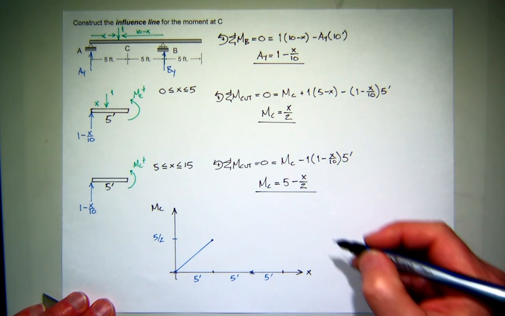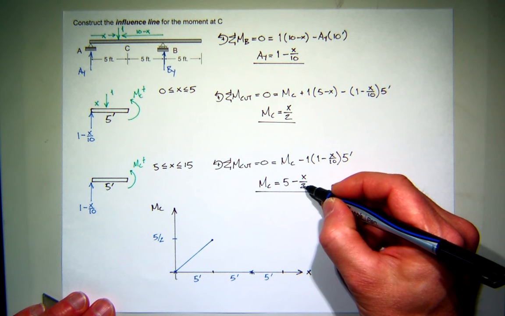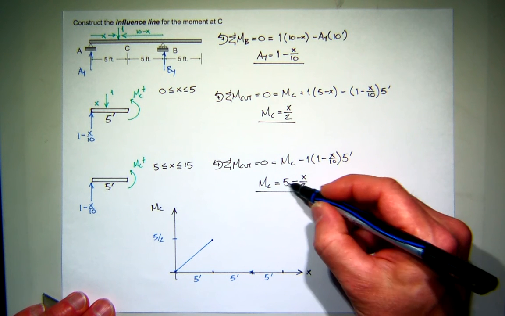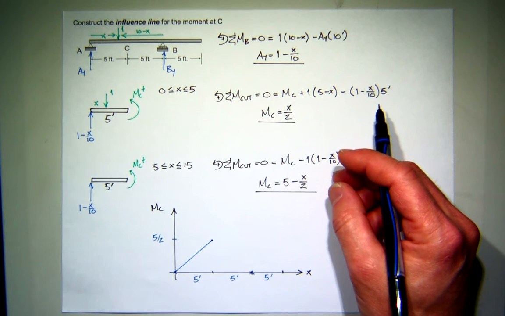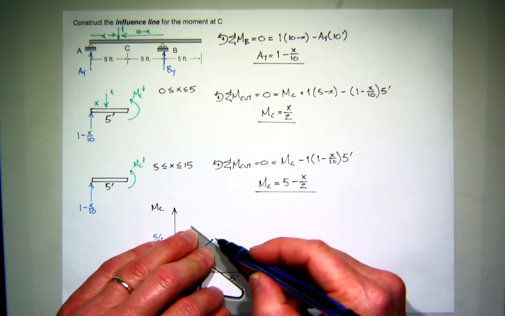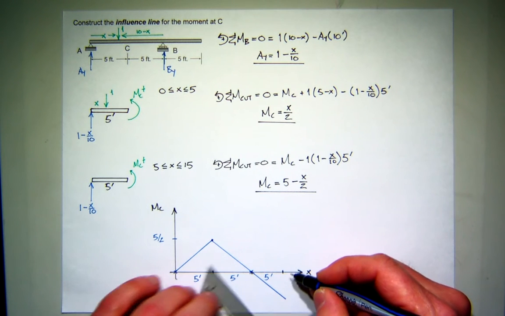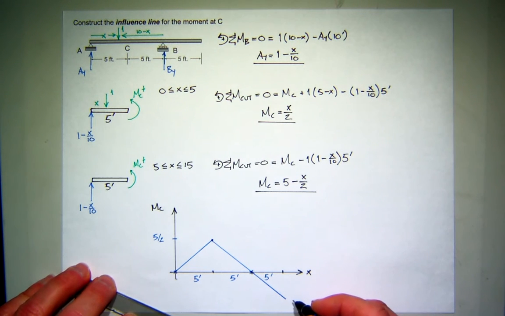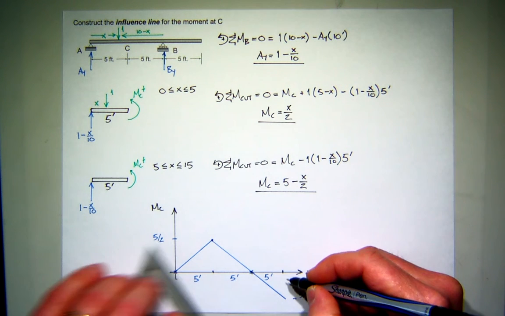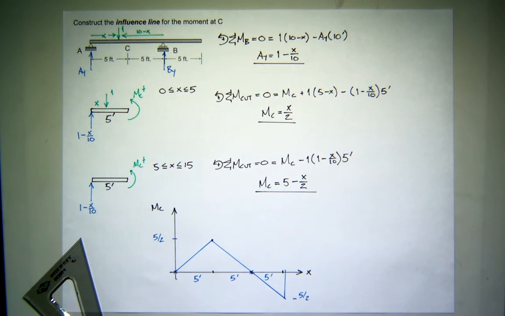And then I go to 15. I get 15 divided by 2, which is 7.5. So 5 minus 7.5 is minus 5 over 2. I didn't quite get it to scale, but I think you get the idea. You don't have to draw this back up like that, but it might help you visualize it a little better.